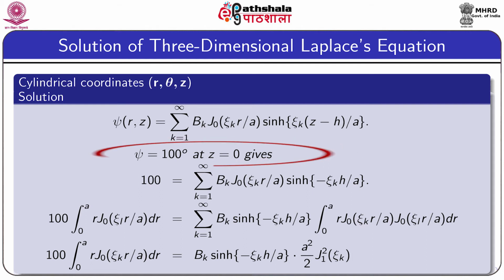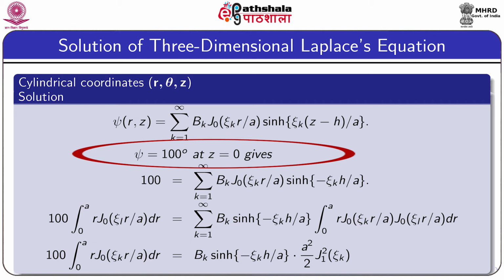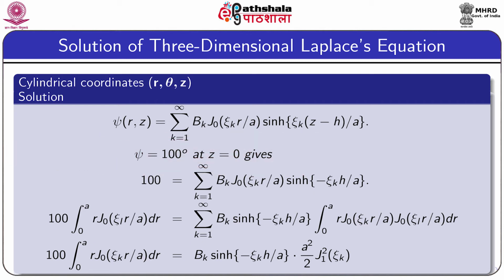Now, the other condition is psi = 100 at z = 0. So, it gives the relation 100 = sum over k of B_k J0(xi_k r / a) sinh(-xi_k h / a), and this is again a Bessel series.